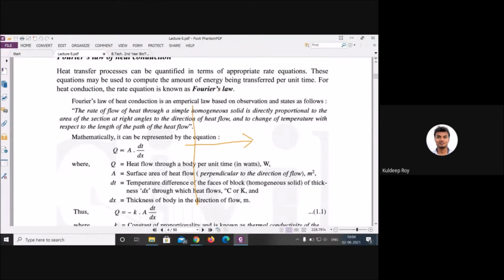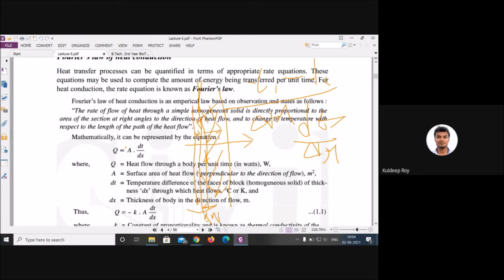If it is your slab, it will depend on your area, how much is the area, this whole region, and it will depend on how much heat is transferring with respect to the position, delta T by delta X. If you cut a small segment of this plate, this will be your delta X, and the temperature difference from this position to this position will be delta T, T1 minus T2, divided by this distance delta X.